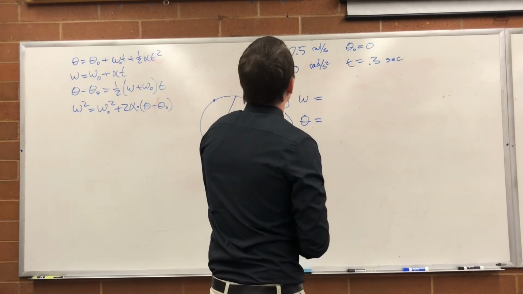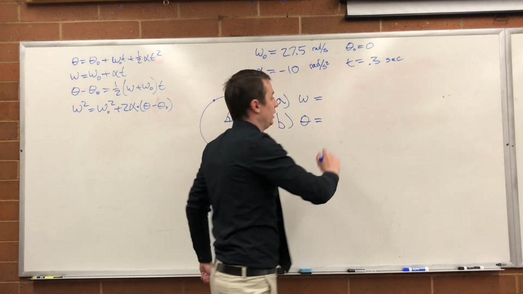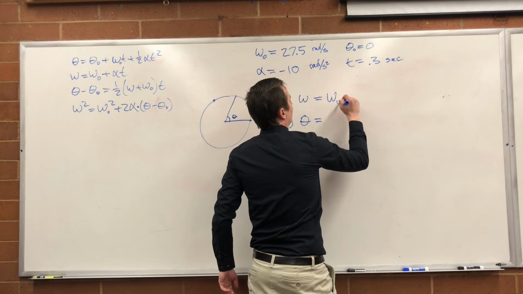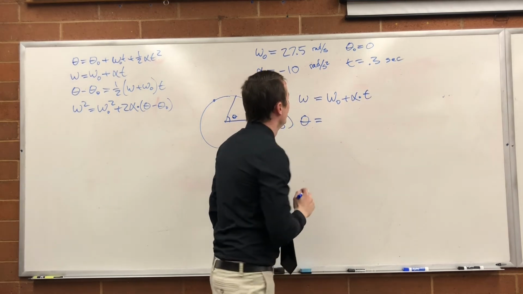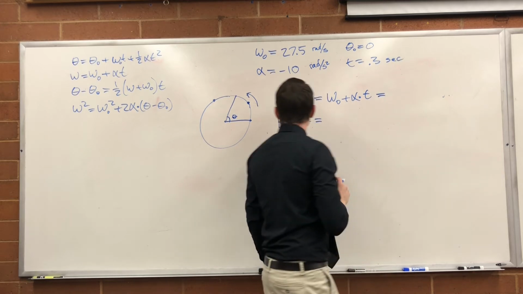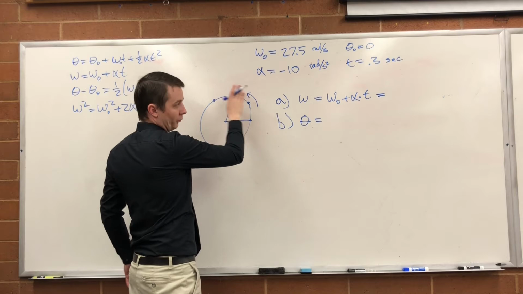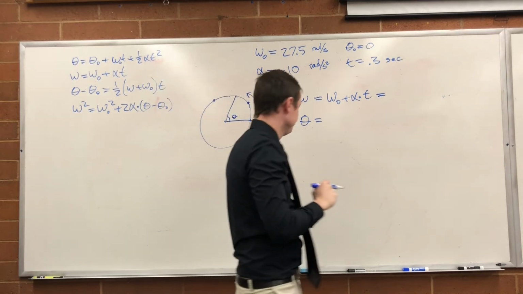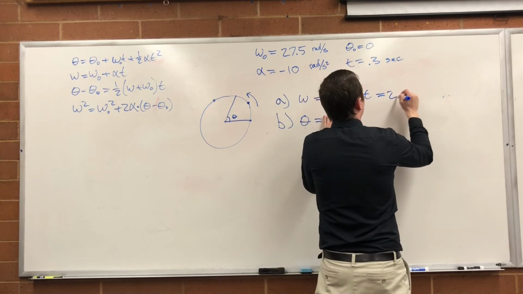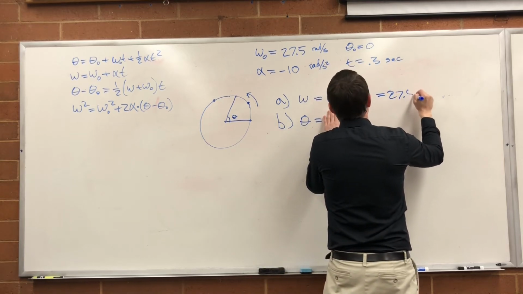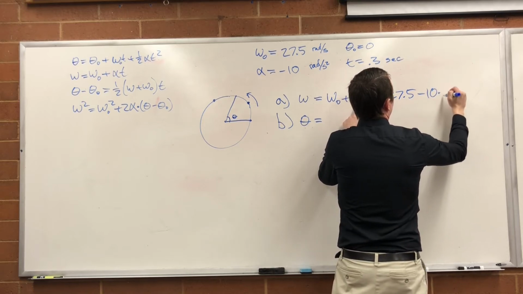So we're looking for the angular speed. Well, that's real easy. Omega is equal to omega naught plus alpha times t. The disk is slowing down, right? So our omega is going to get smaller with time. Our omega naught is 27.5, and then we're going to have minus 10 times 0.3.